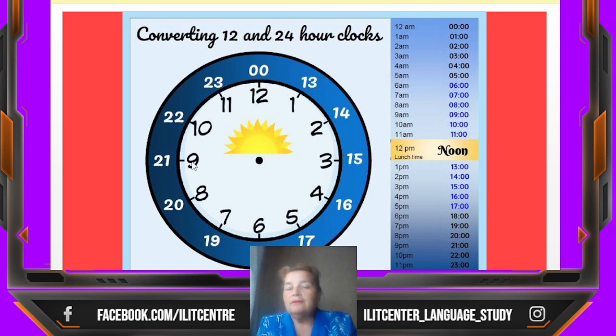Then 9 o'clock or 9 a.m. means the studies start, or school starts, or university starts, otherwise work starts. No problem. Then 10 a.m., 11 a.m. This is tea time, could be coffee time. And 12.